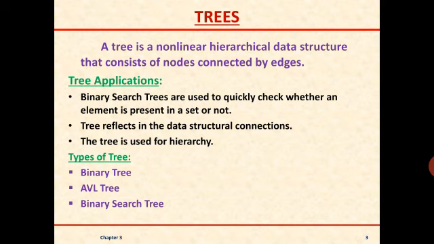There are various different types of trees defined. The first one is binary tree, the second is AVL tree, and the third type is binary search tree. For our syllabus we have only a brief introduction to the binary tree, so let us learn about the binary tree.